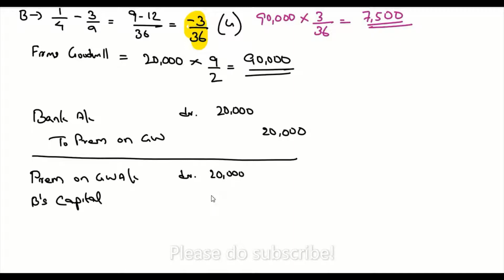So B's capital account debit 7,500, and this will all go to the sacrificing partner, which is A, to A's capital account, 20,000 plus 7,500, it is 27,500. So we completed question number 34.